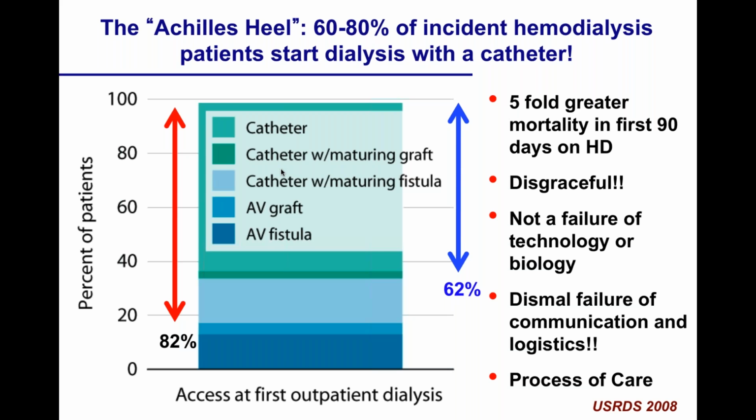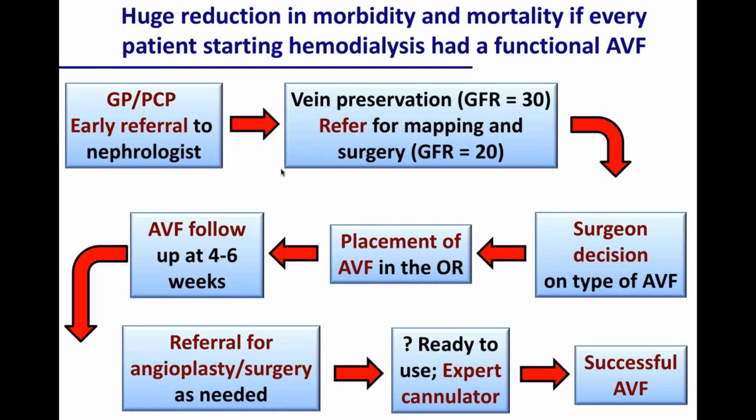And it's disgraceful because this is not as a result, in my mind, of a failure of technology or biology, but it is a dismal failure of communication and logistics and process of care. So what's the way that one can get every patient to start dialysis with a fistula? And it's not rocket science.